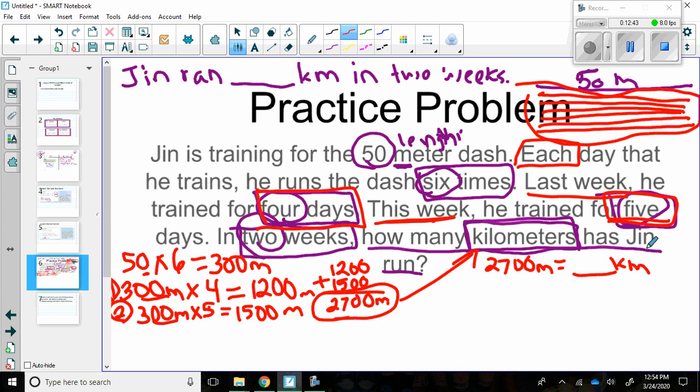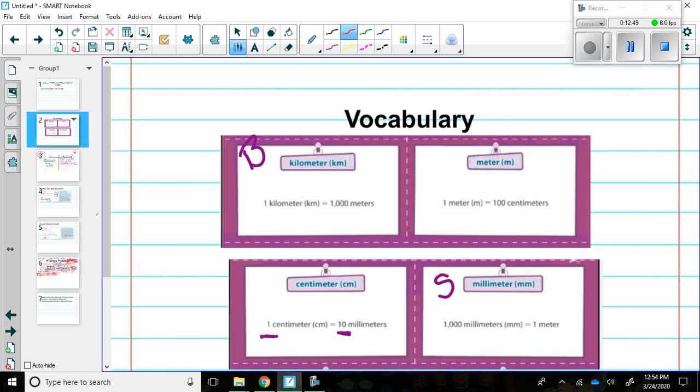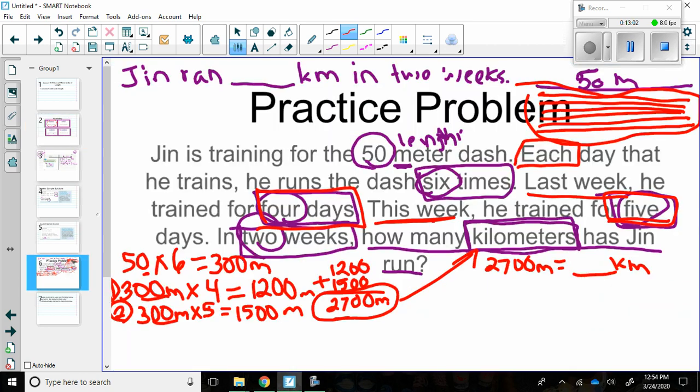Second step is write what you know. When I go back to my notes, right here, it says that 1 kilometer is equal to 1,000 meters.